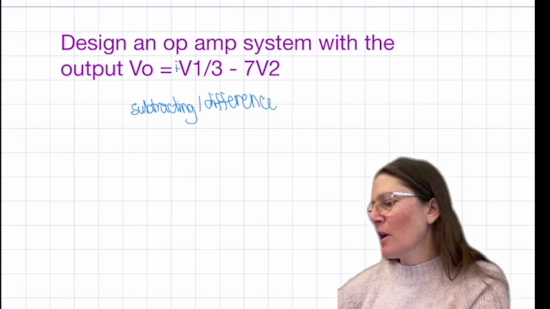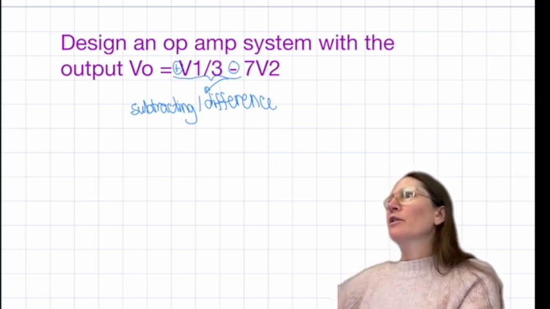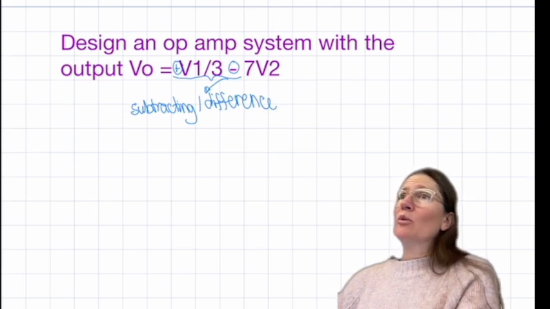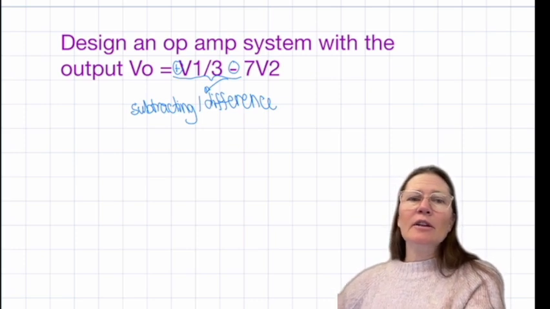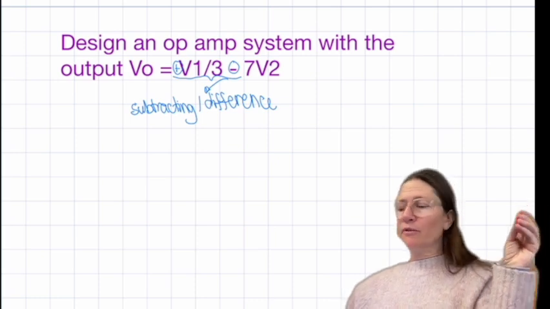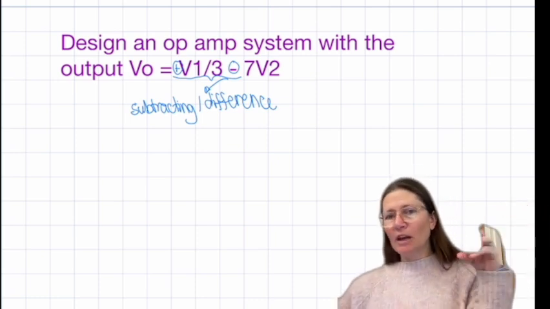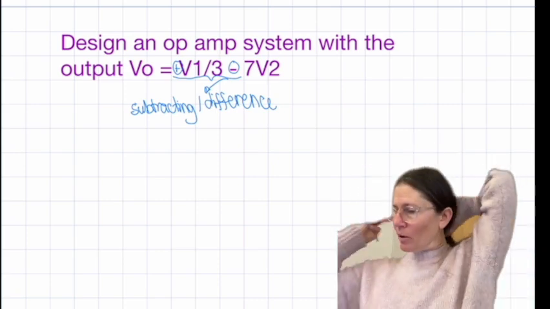Having this opposite of signs leads you to think maybe a subtracting difference amplifier. So then the question is, can I just do that with one subtracting circuit and use the resistors to create a 1/3 for the V1 and a 7, which would be a subtracting on the V2 side.